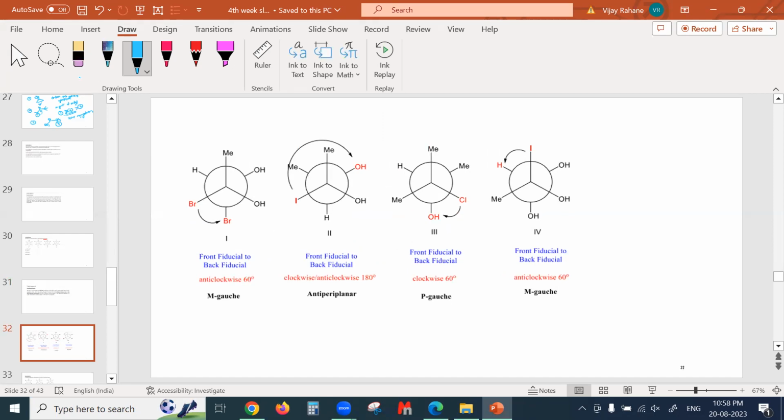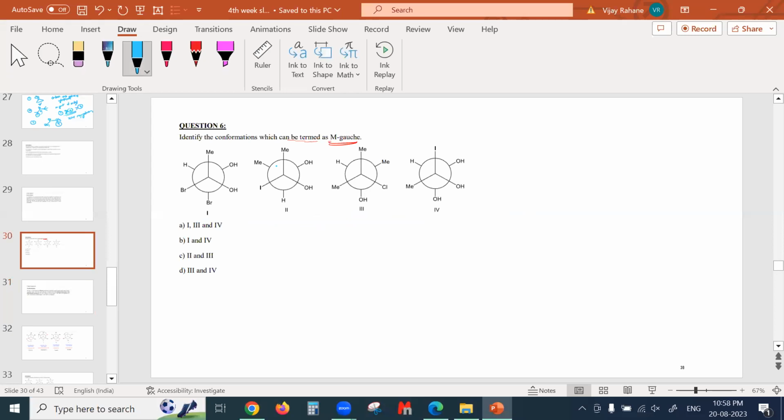If you see the structure of the molecule, 1, 2, 3, these are the 4 structures, and in this one, this bromine, they are gauge to each other. In this one, the front is gauche to the back.